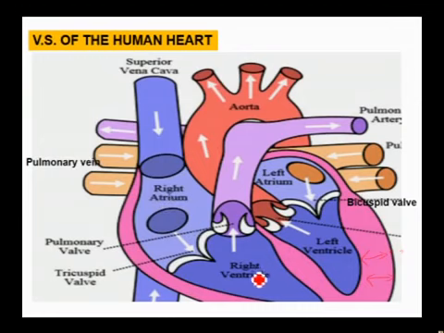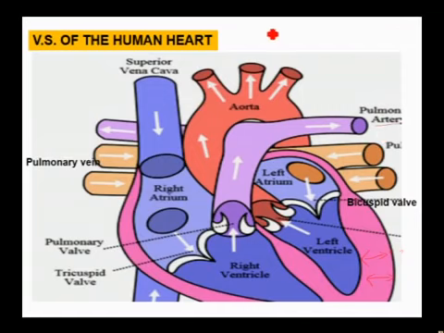From the right atrium, it enters into the right ventricle through the auriculoventricular aperture being guarded by a tricuspid valve. From the right ventricle, the deoxygenated blood is carried to the lungs through the pulmonary artery, the only artery that carries the deoxygenated blood.